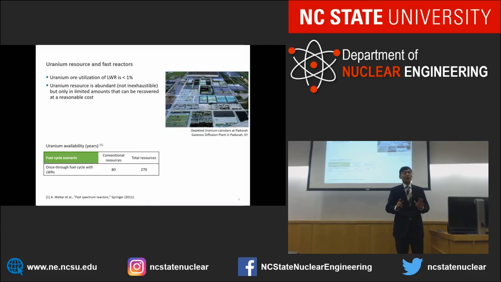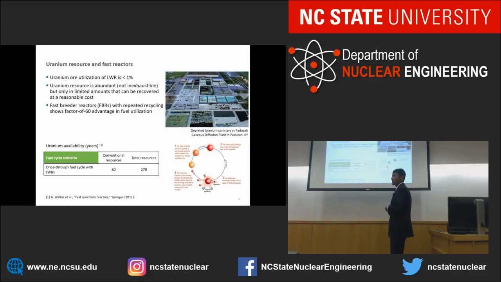But at the same time, we have a lot of tailings from the enrichment process we made for light water reactor fuels. These are called depleted uranium, with enrichment of about 0.2 to 0.3% uranium-235. They're just sitting in the yard of the enrichment plant, and a lot of the energy in there is totally wasted.